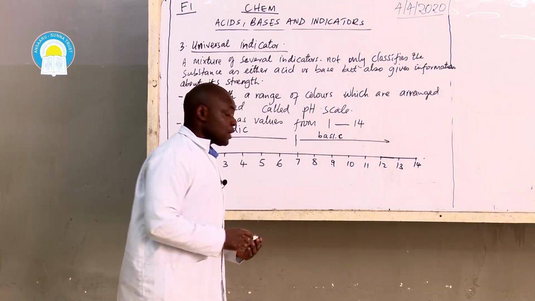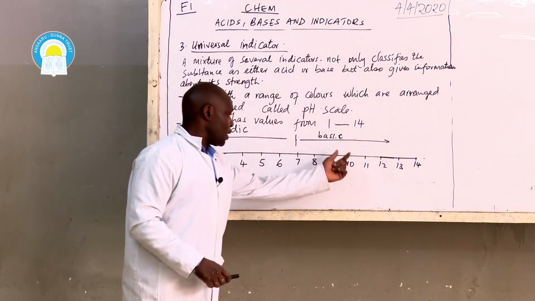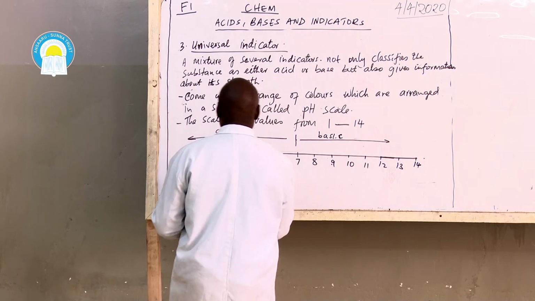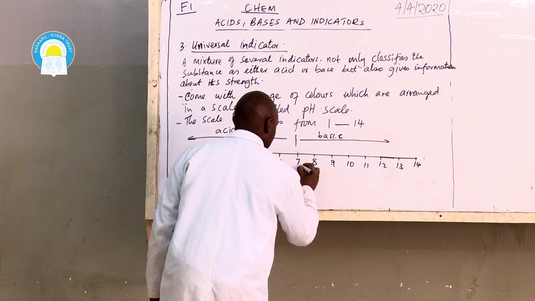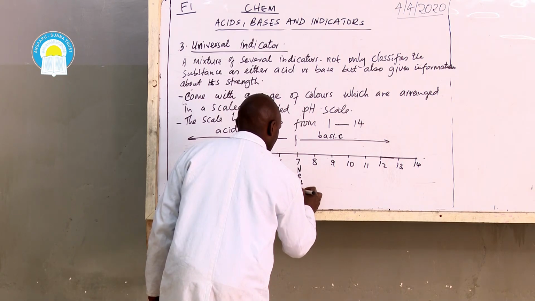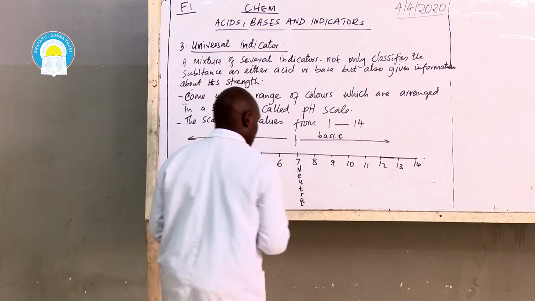Therefore, any substance with a pH greater than 7 is basic, pH less than 7 is acidic, and a substance with a pH of 7 is neutral.